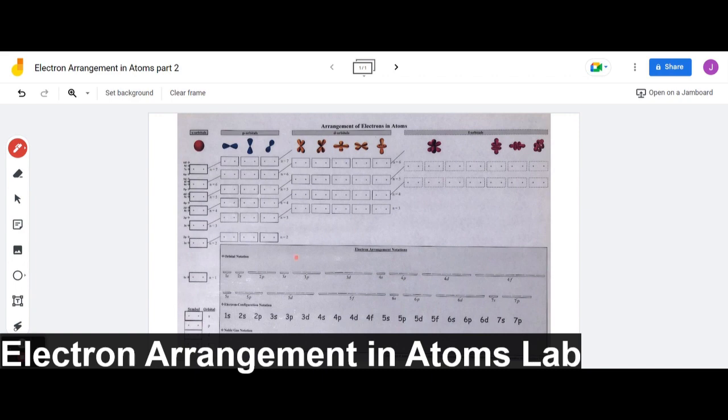And if you look closely, the dark boxes are the s sublevels. The slightly lighter shaded boxes are p sublevels. The even lighter shaded boxes are the d sublevels. And then way up high, which we won't get to because you don't often see these, the dashed boxes are the f sublevels.